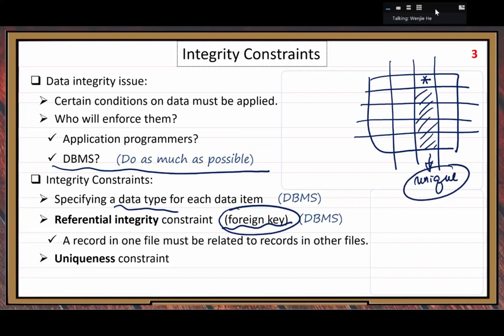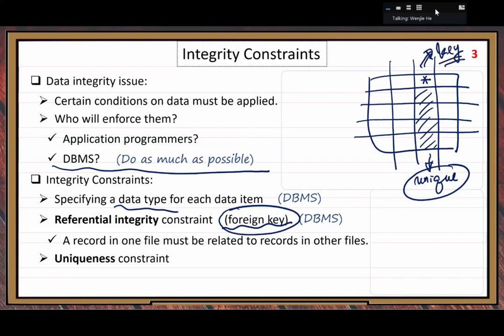No duplicate values are allowed. Two different rows in this particular column cannot have the same value. Sometimes we require that, and that constraint we call a uniqueness constraint. If a column needs this uniqueness constraint, then we call this column a key.